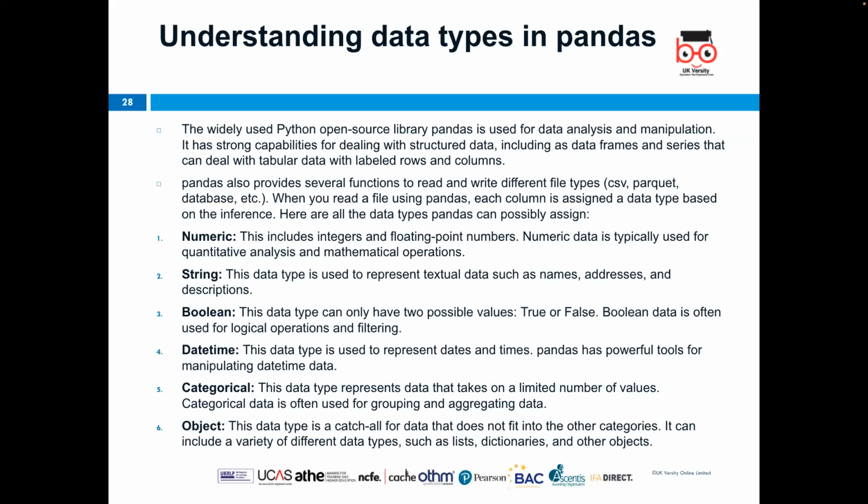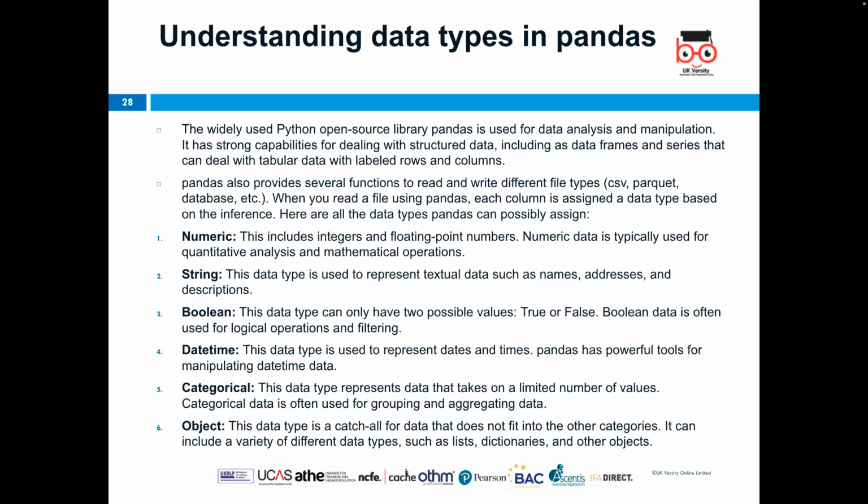Pandas also provides several functions to read and write file types like CSV, parquet, database, etc. When you read a file using pandas, each column is assigned a data type based on inference. Here are all the data types pandas can possibly assign.